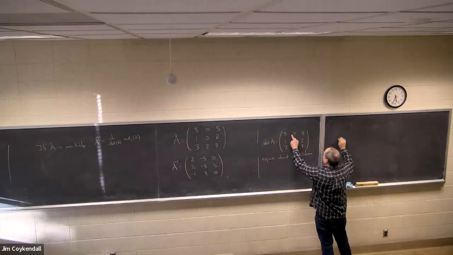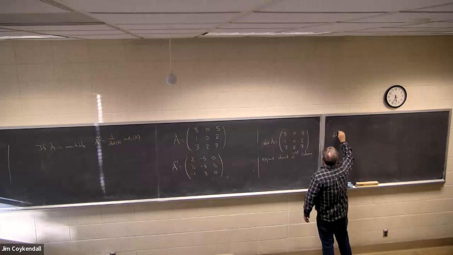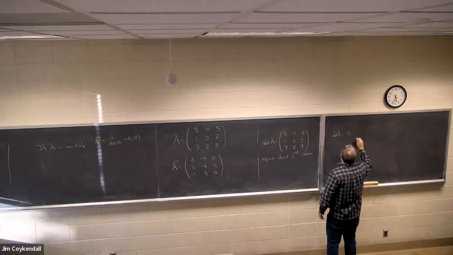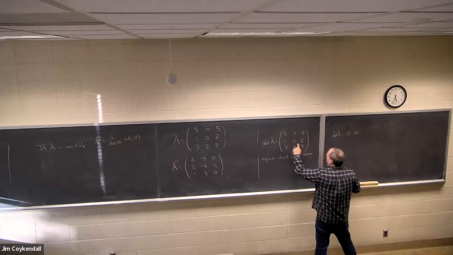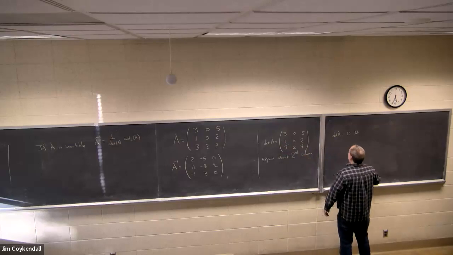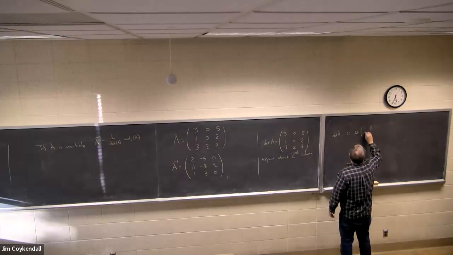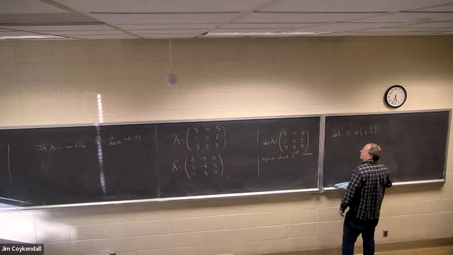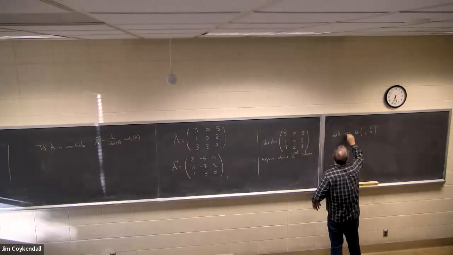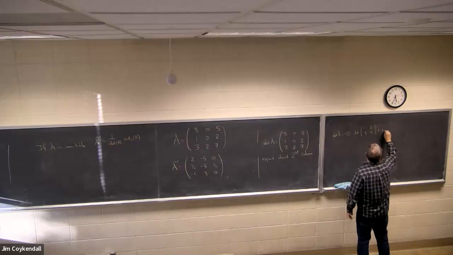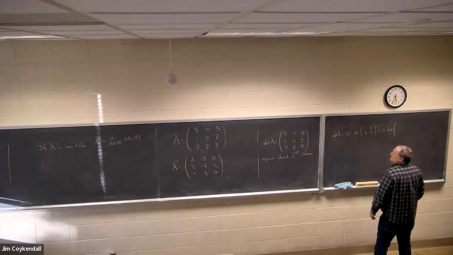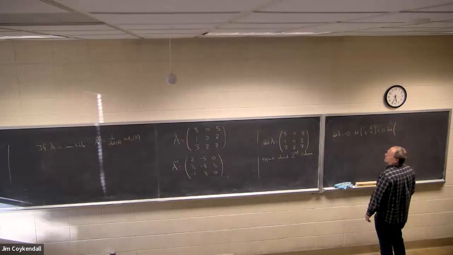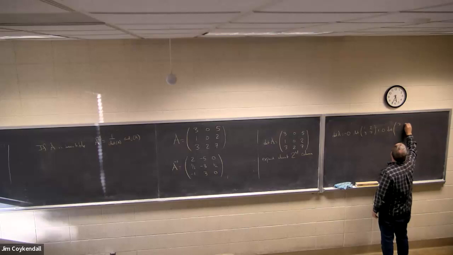It's going to be 0 times determinant of, let's see, 1, 2, 7, plus 0 times determinant of the middle column 3, 5, 7.